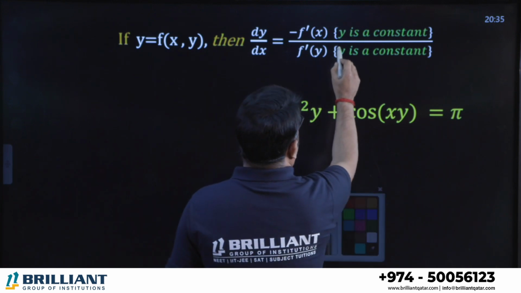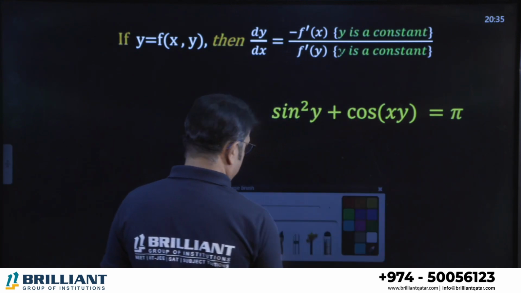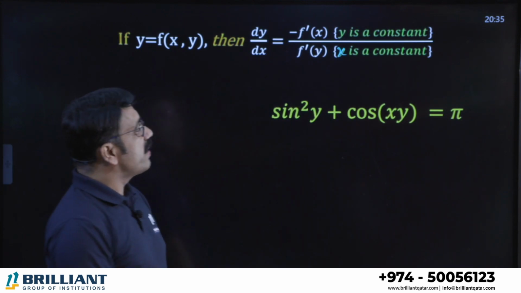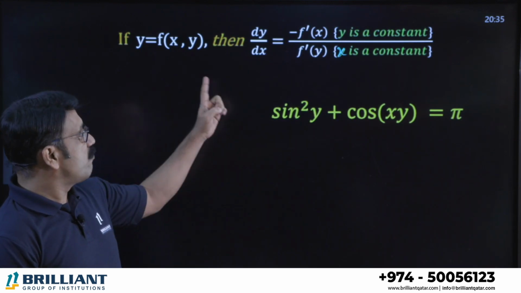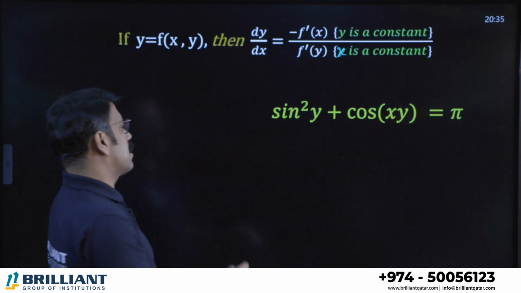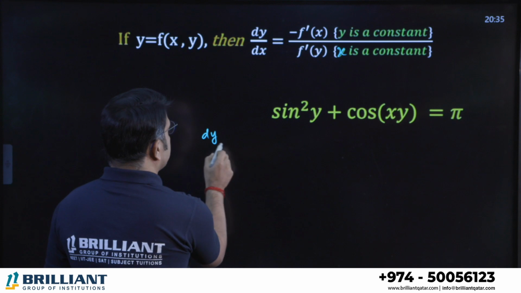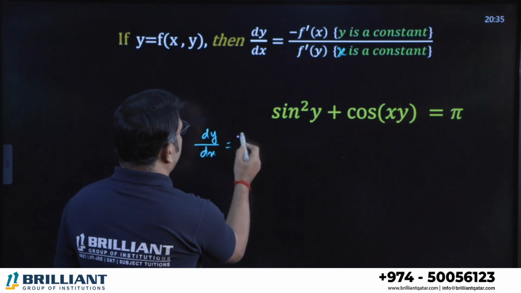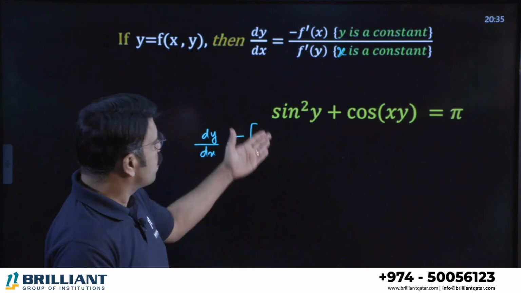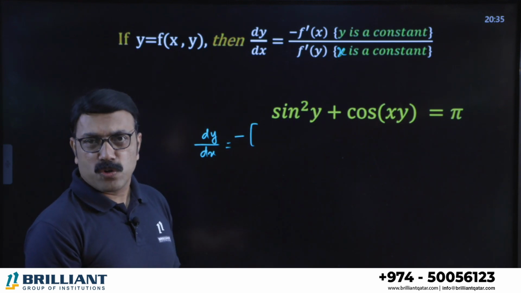Please see here. Minus f dash x, where y is a constant, divided by f dash y, where x is a constant. Same idea. Please see the steps. dy by dx equals minus of f dash x. Sine square y, you know, that is y, a constant term, 0, no need.